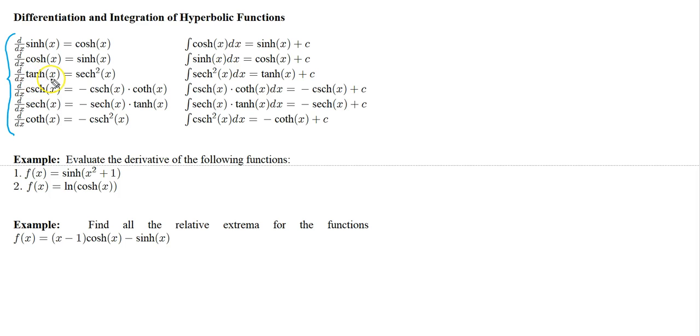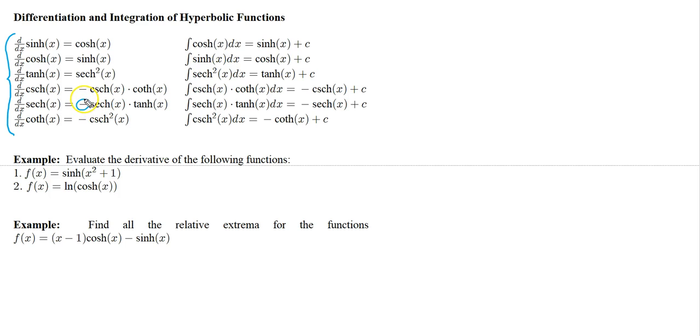Remember, the derivative of cosine is negative sine, so this one differs by a sign. Derivative of the hyperbolic tangent is hyperbolic secant squared x, so that's just like derivative of tangent is secant squared. Derivative of hyperbolic cosecant is negative hyperbolic cosecant times hyperbolic cotangent. That matches with the trigonometric derivative for the cosecant. Derivative of the hyperbolic secant is negative hyperbolic secant times hyperbolic tangent. So this one differs by a sign right there.